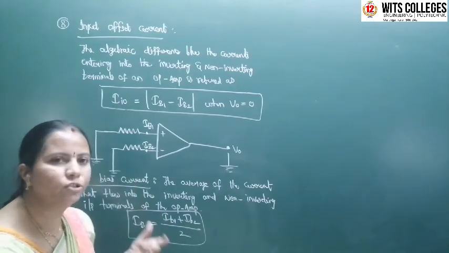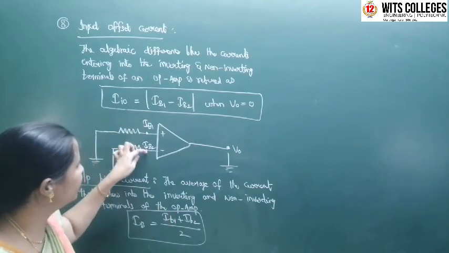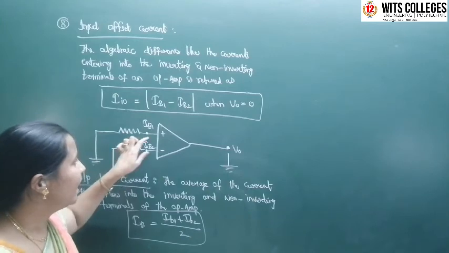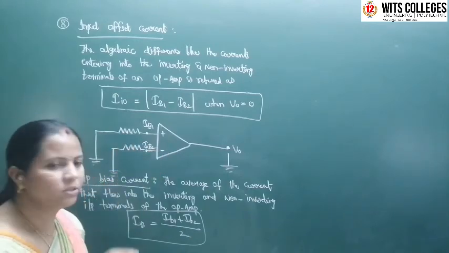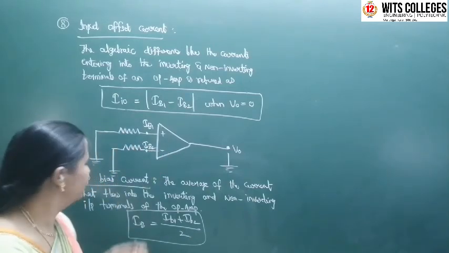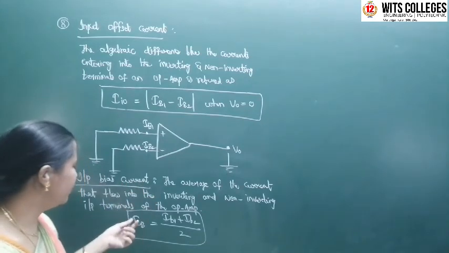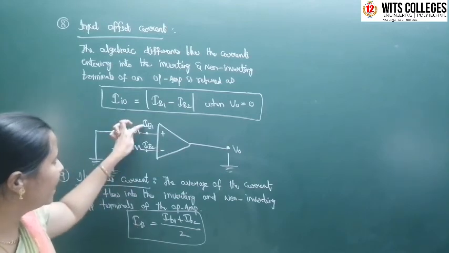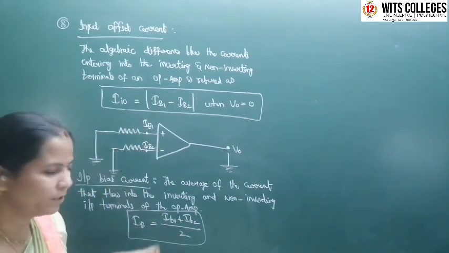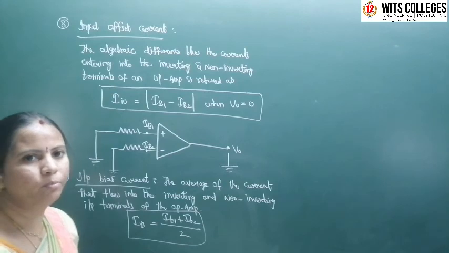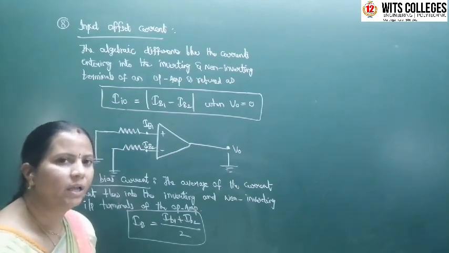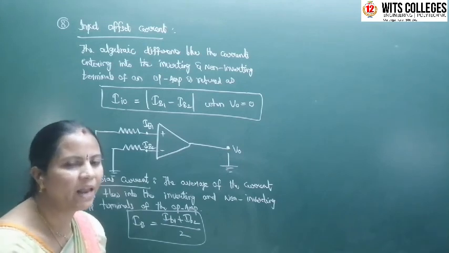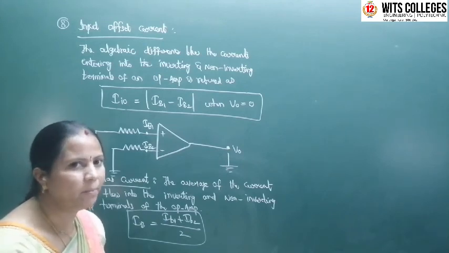It is indicated by IB, equal to IB1 plus IB2 divided by 2. So this is input bias current. These are the important specifications, parameters, or non-idealities of the operational amplifier.